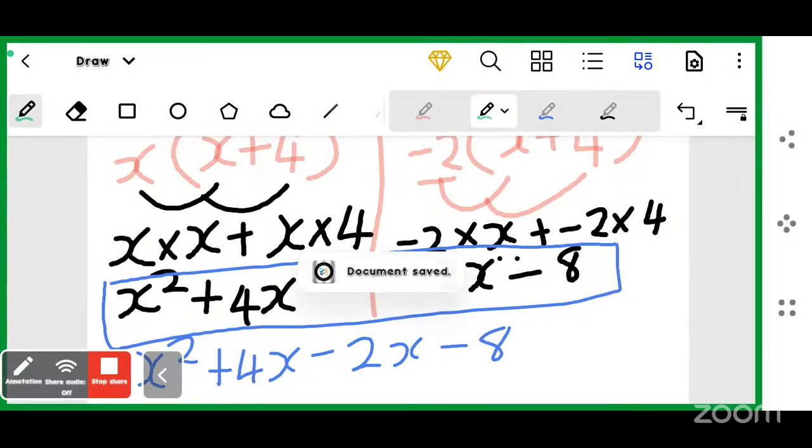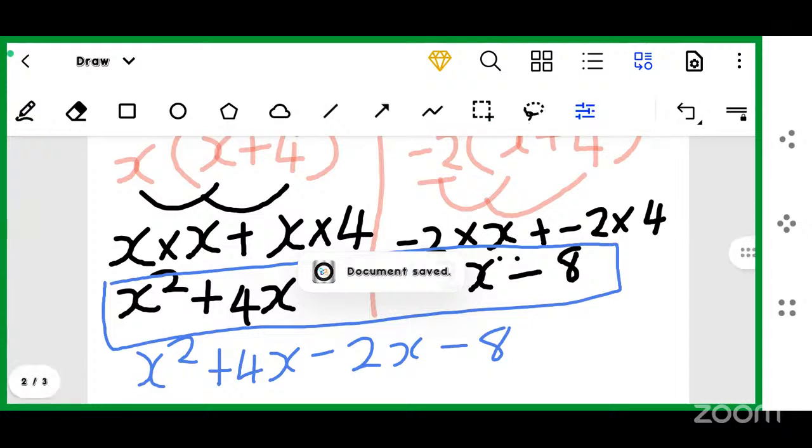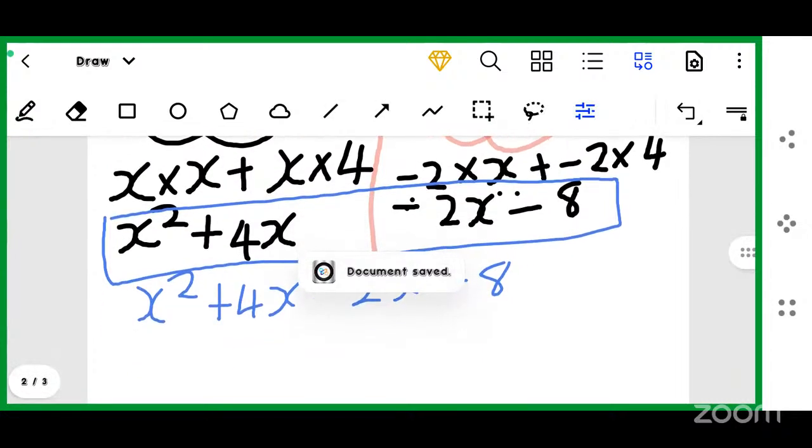Ma'am, it's 4x and minus 2x. So if you subtract them, it's going to be negative 2x. Hold on, let me write it down.